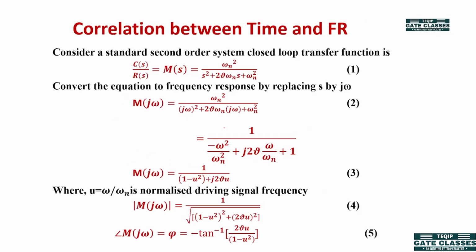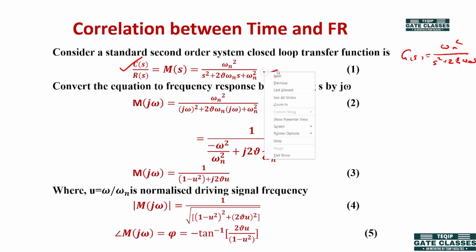Let us consider the correlation between the time and frequency response. So let us consider an open loop transfer function G(s) equal to omega n square upon s square plus 2 zeta omega n s. So our closed loop transfer function C(s) upon R(s) is equal to M(s), which is equal to omega n square upon s square plus 2 zeta omega n s plus omega n square.